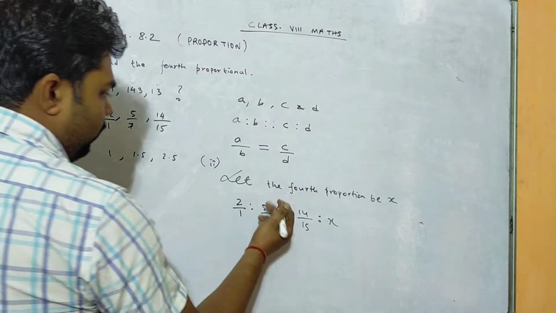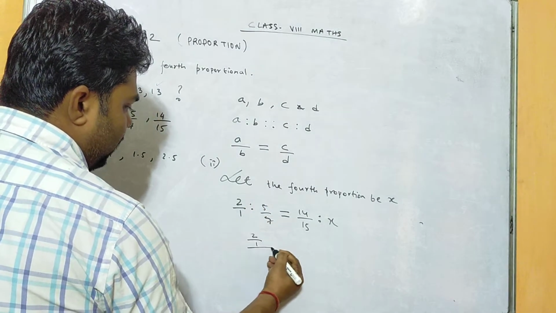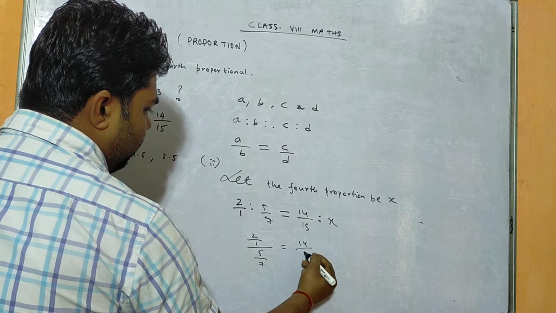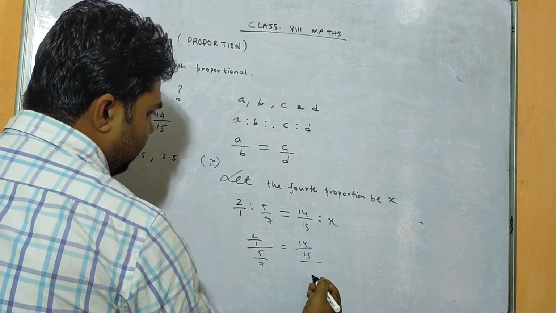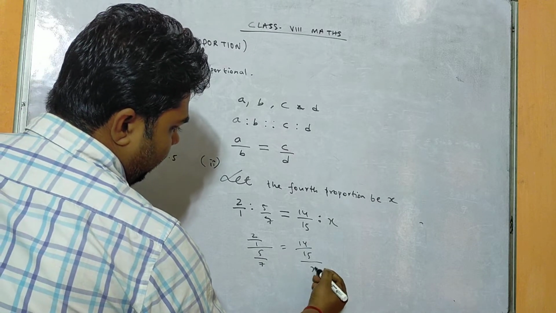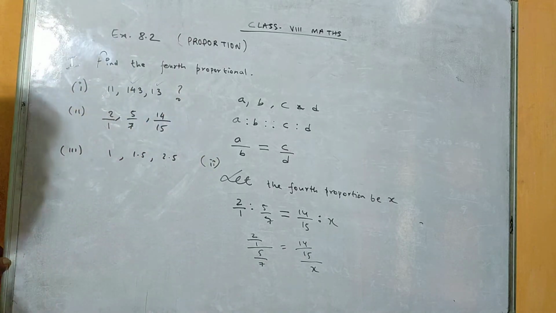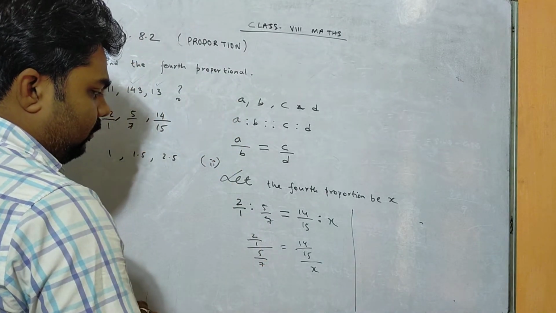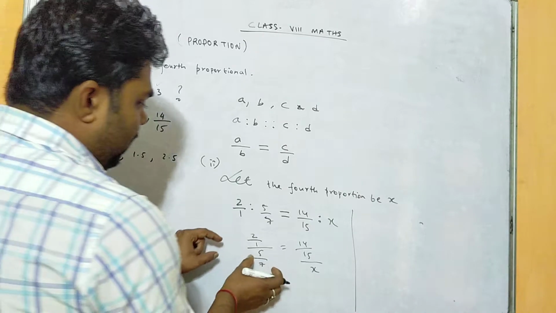Now 2 is to 5 by 7 means 2 by 1 divided by 5 by 7 equals 14 by 15 divided by x, right?